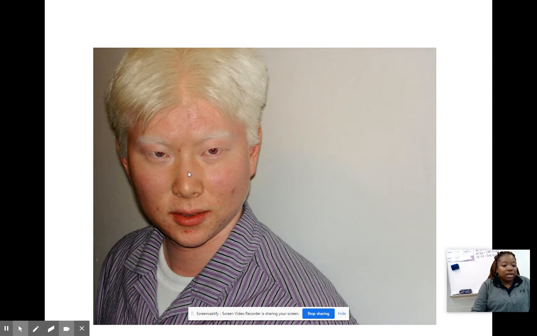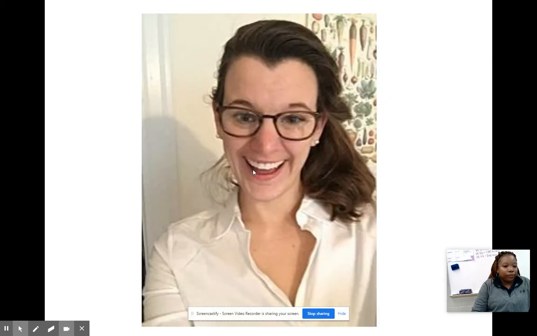This particular person is albino. That means that he is lacking pigmentation in certain places on his body, such as his hair, skin, and eyebrows, which is also hair on the body.